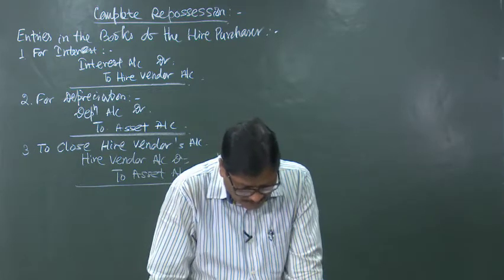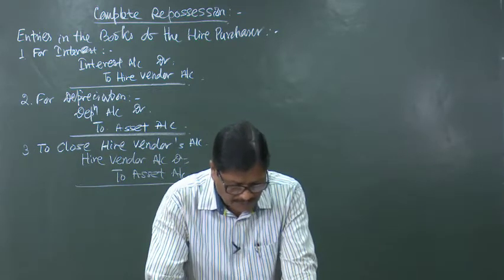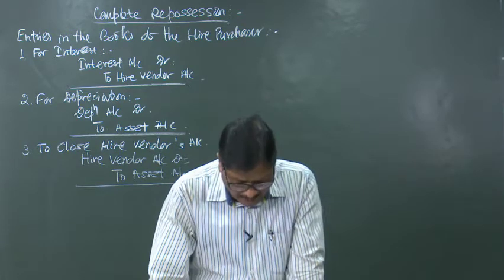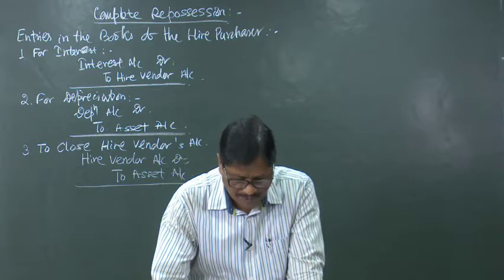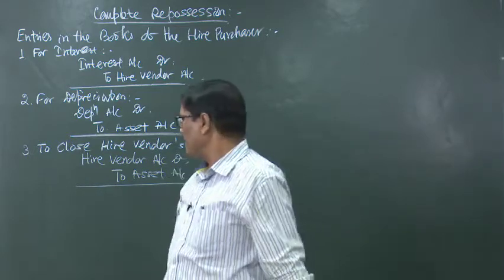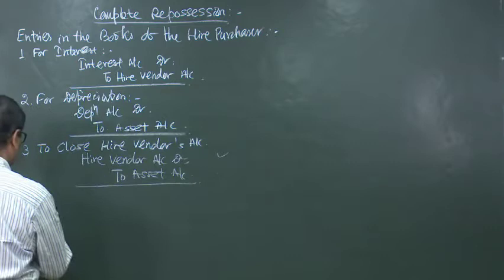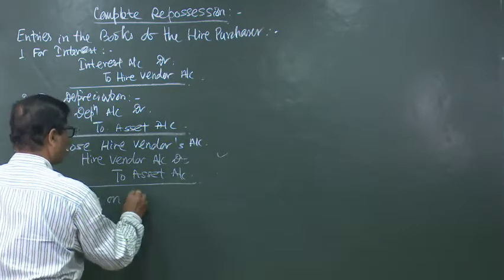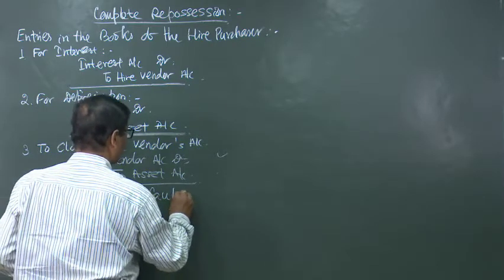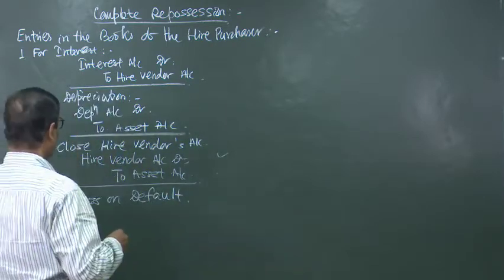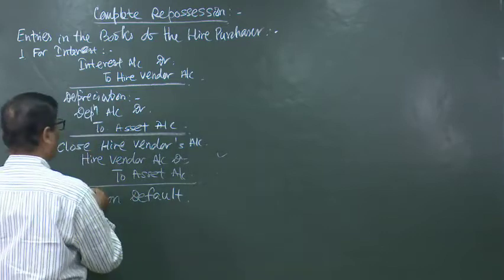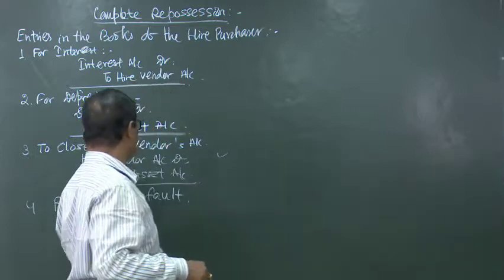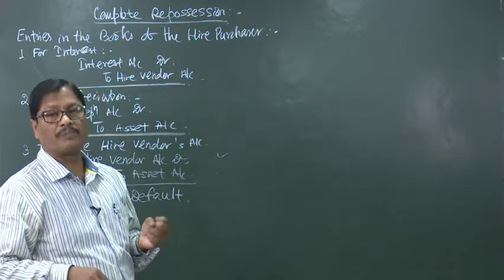Now, when he takes over the asset, definitely there will be loss on default, and the loss will be transferred to profit and loss account. For loss on default, you have to pass one entry. You have to calculate the loss on default, that is the asset account, whatever balance it was showing after being transferred to the hire vendor account, still there must be some balance.